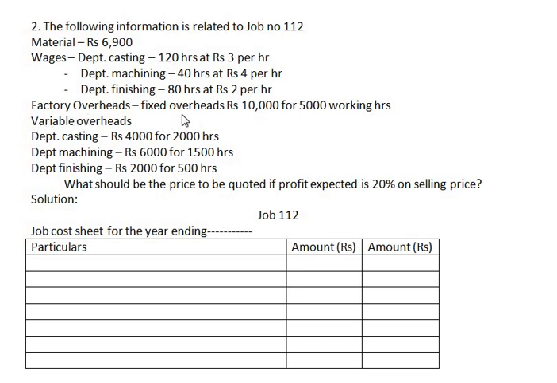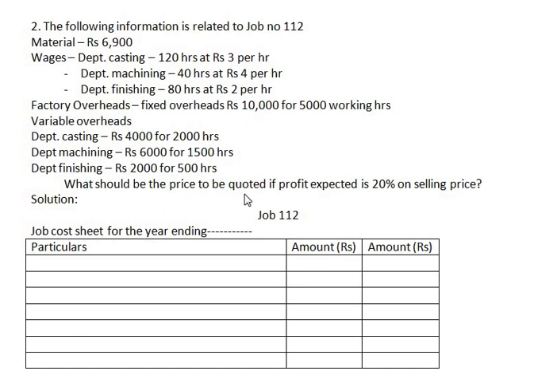Factory overheads, fixed overheads rupees 10,000 for 5,000 working hours. Variable overheads, department casting rupees 4,000 for 2,000 hours, department machining rupees 6,000 for 1,500 hours, department finishing rupees 2,000 for 500 hours.